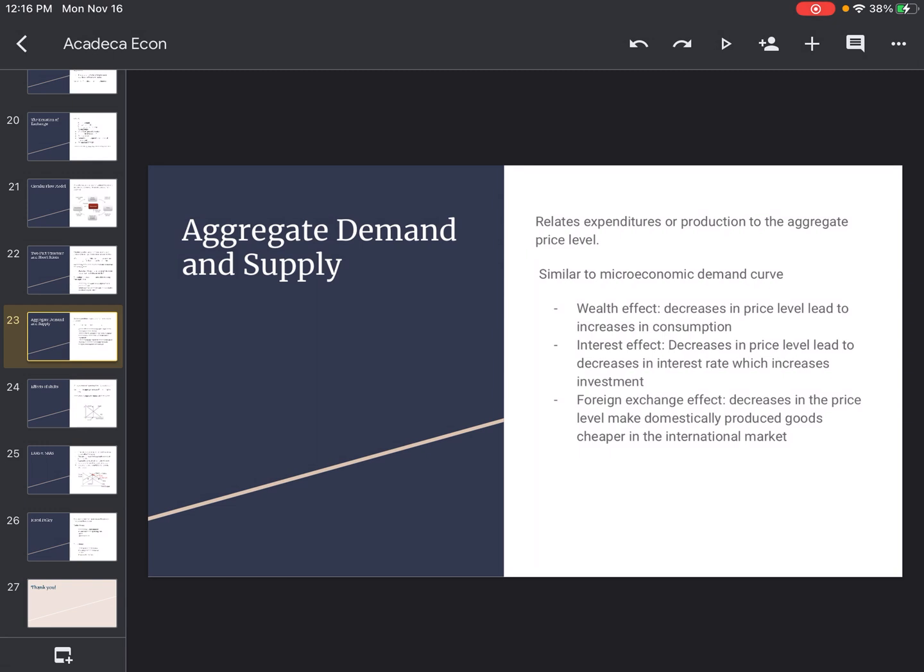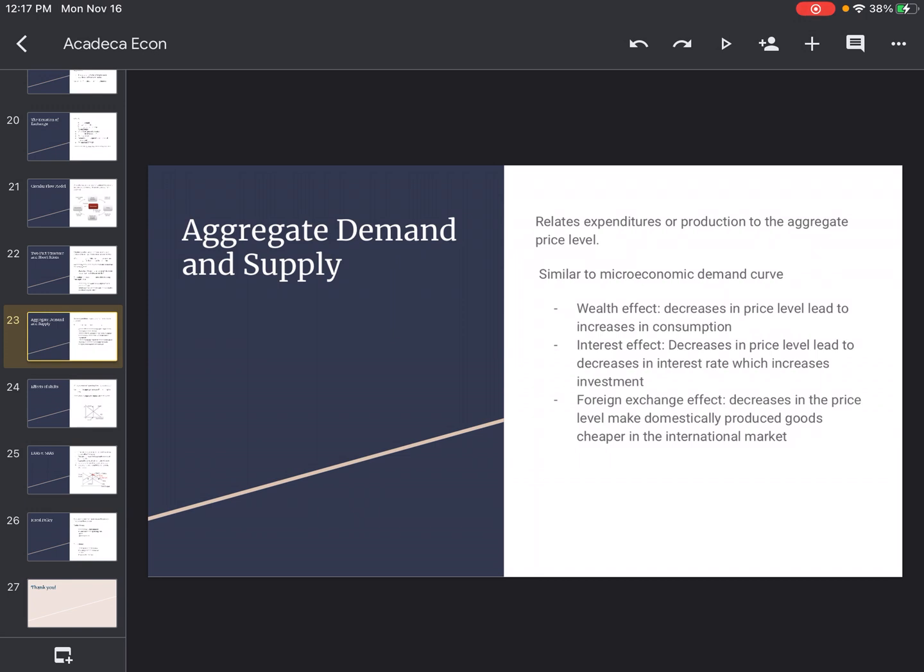Aggregate demand and supply relates expenditures or production to the aggregate price level, and again, it is similar to the microeconomic demand curve. It is based on three major ideas that have an impact on it. The wealth effect: decreases in price level lead to increases in consumption, because more people can afford a good and more people can afford to consume it.